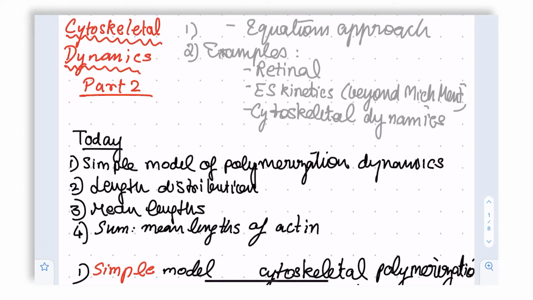Hi, welcome back. So, we last spoke about the rate equation approach. This should read rate.